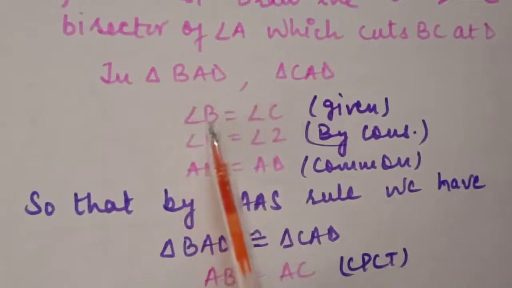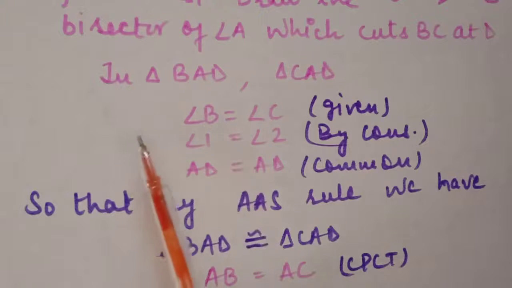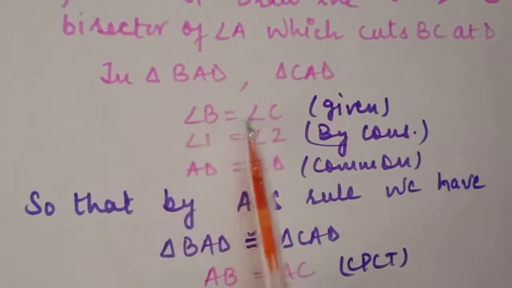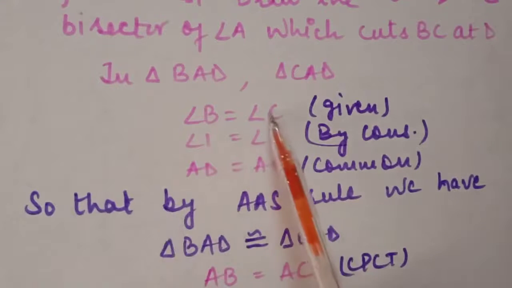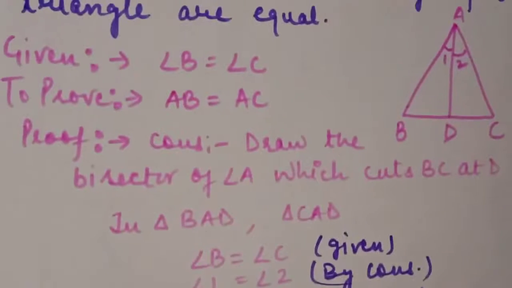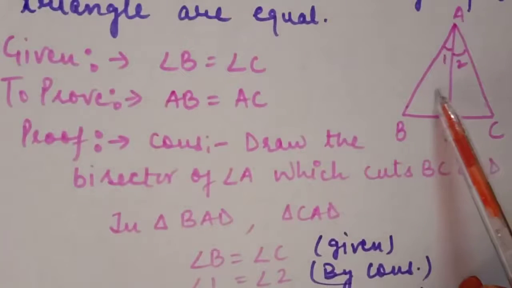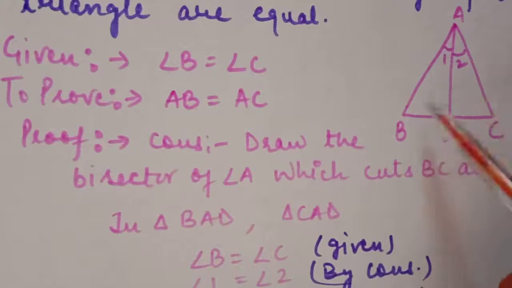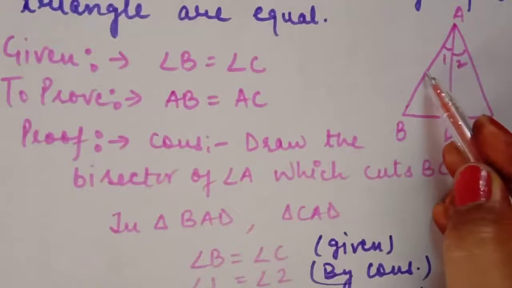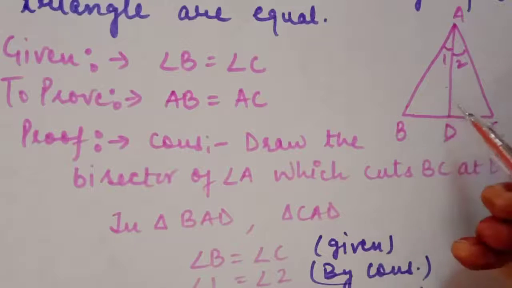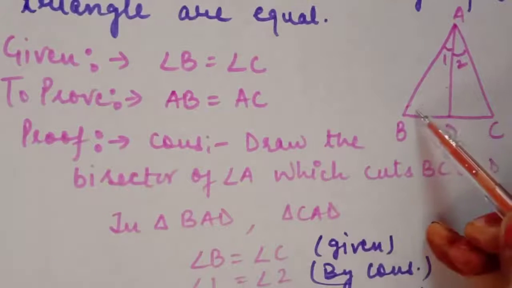So we took sides in that theorem, and now we will take angles in this theorem. These two things are the same. So by AAS, let me check from your diagram which rule is going on. In this triangle, we took this angle, angle B, angle 1, and this side AB. So AAS.